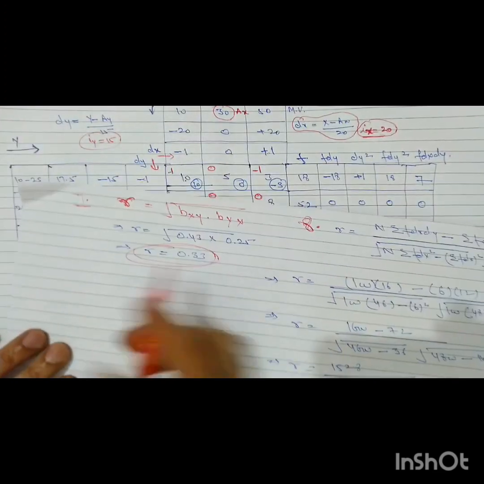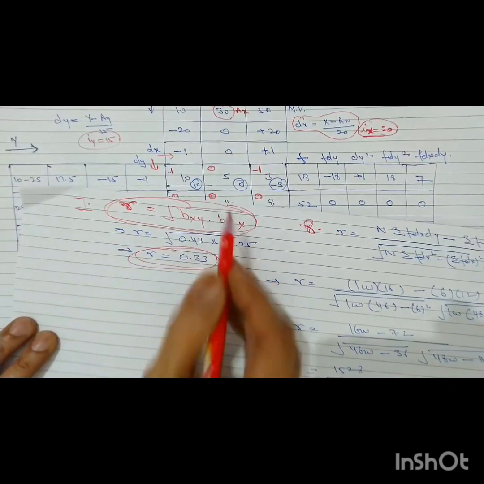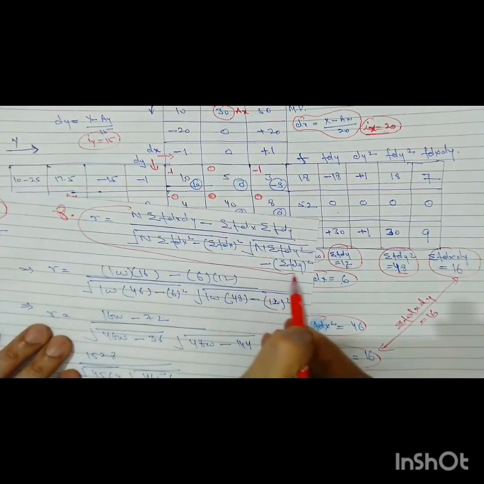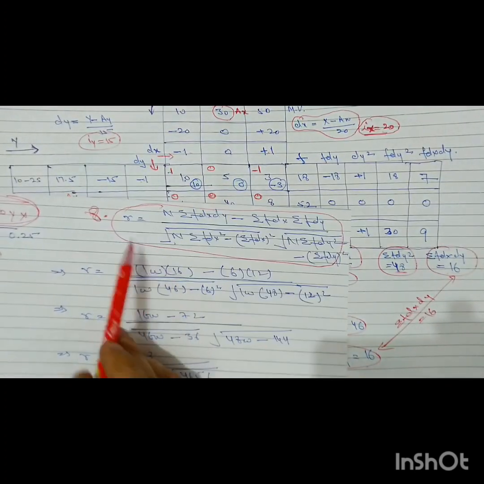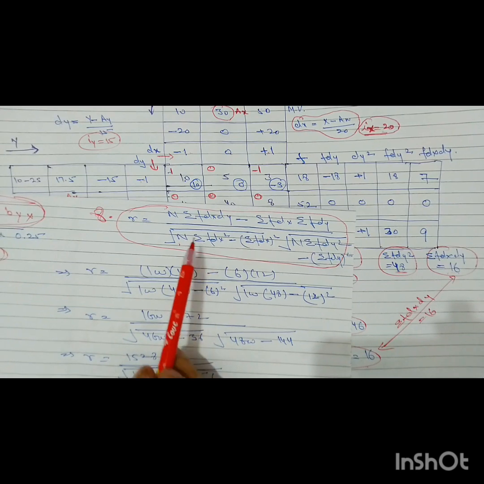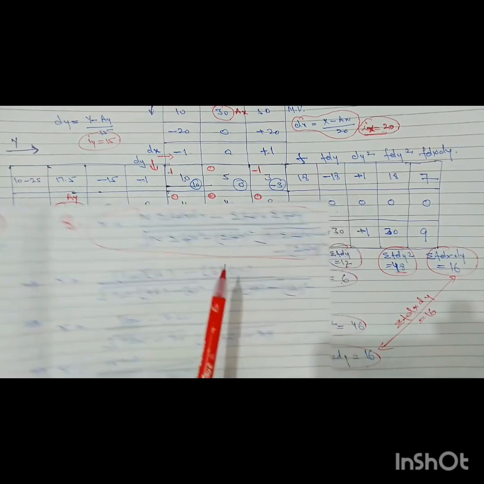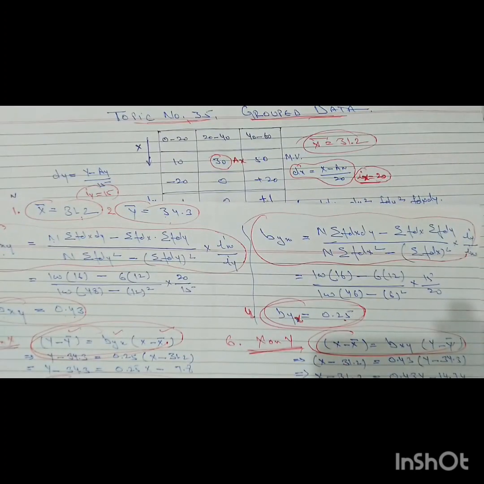Then the coefficient of correlation from regression coefficients. The last one is the coefficient of correlation by the Karl Pearson formula. Okay, we have done 8 things using the same question of grouped data or bivariate series or two-way frequency table. Thank you.